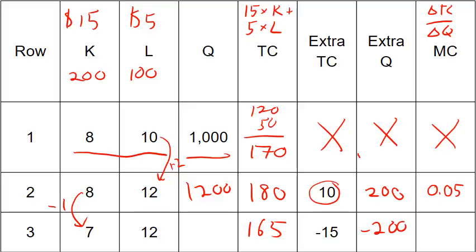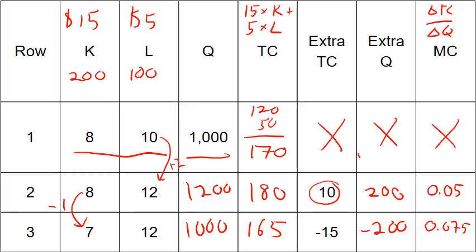Again, I'm assuming that 200 is constant over the relevant range, which means my new output is 1,000. The marginal cost will be negative 15 divided by negative 200, which is equal to 0.075.